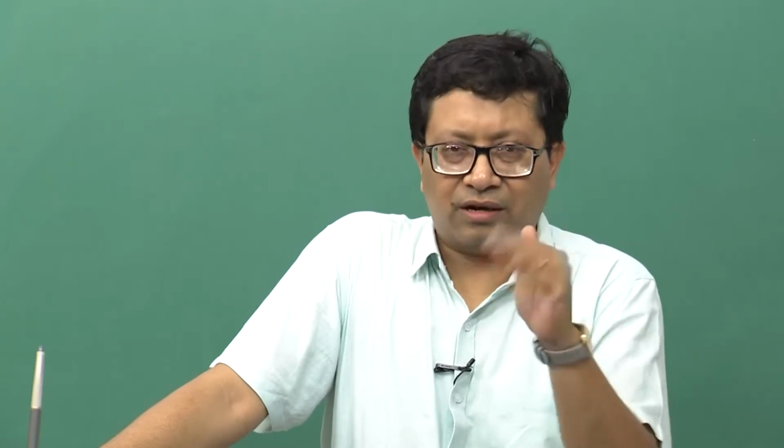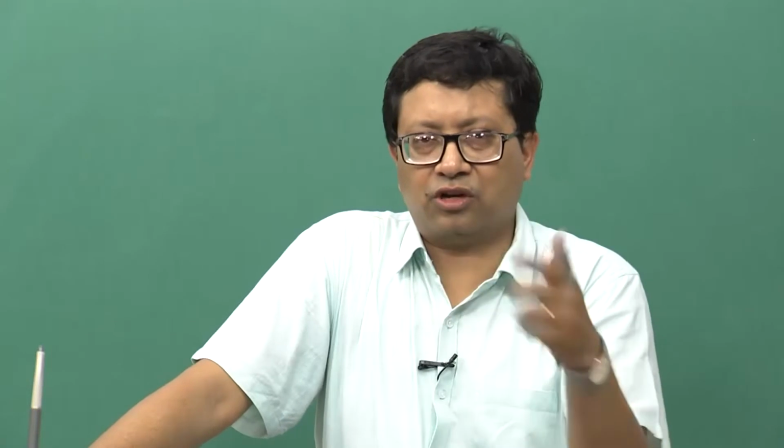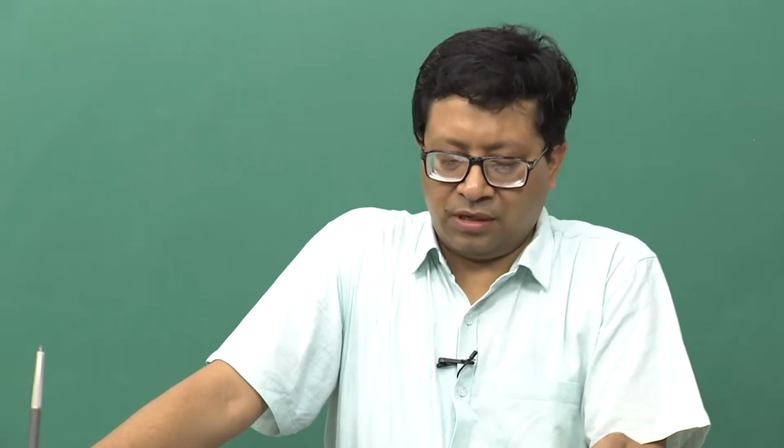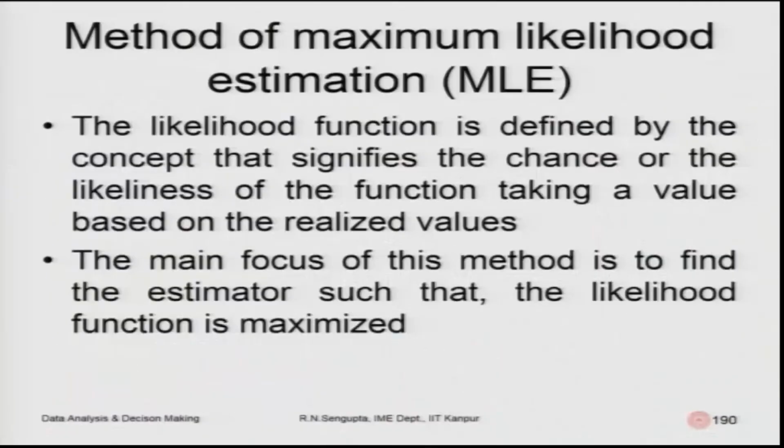I will come to that concept in a little more detail qualitatively as we talk, without going into the quantitative concepts. So, in the MLE method, we would define a likelihood function, which signifies the chance or the likeliness of the function taking a value based on the realized values. So, consider the realized values are basically x 1 to x n.